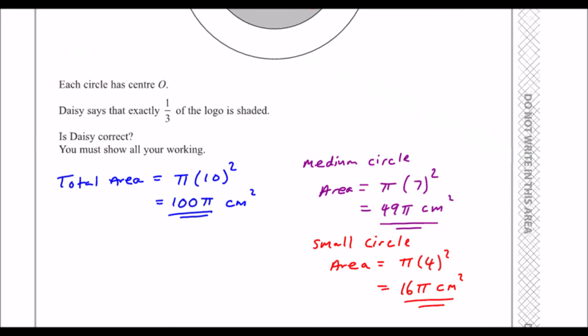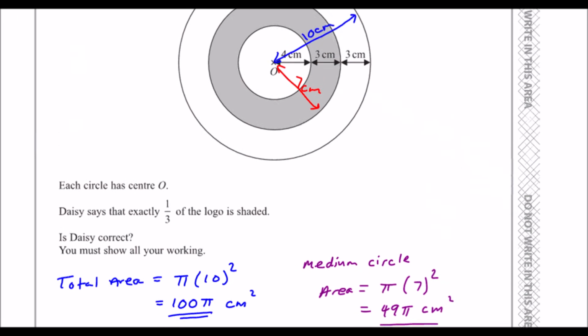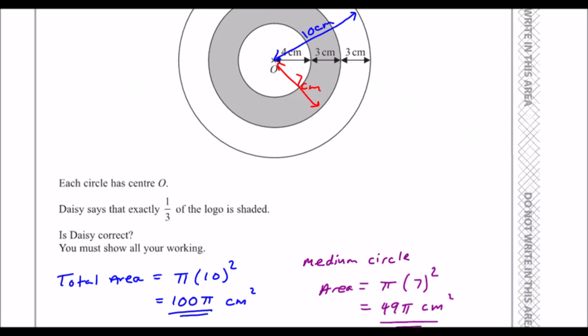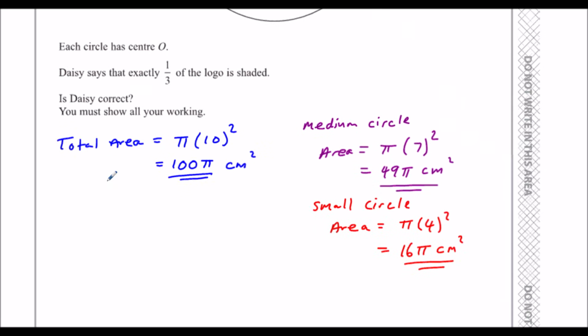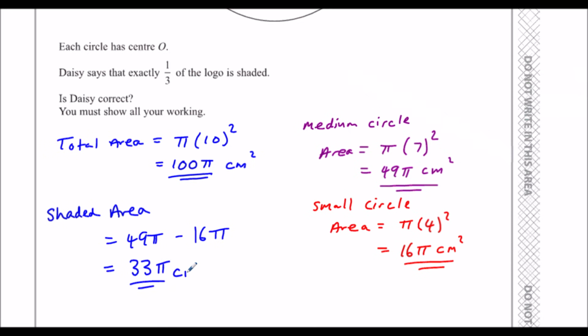So what's the shaded area? That's the medium circle, take away the little circle. So the shaded area is 49 pi, take away 16 pi, which is 33 pi centimeters squared.